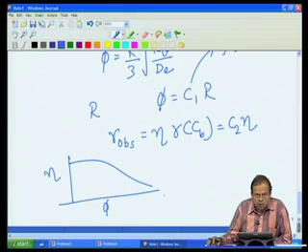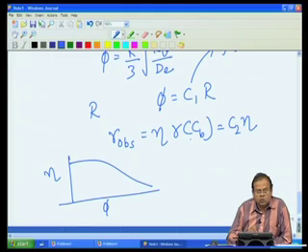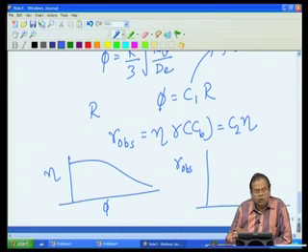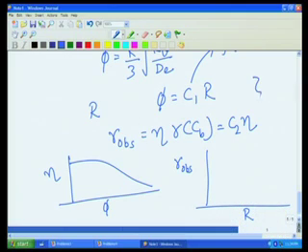Now, we know that eta versus phi plot is something like this for a first order reaction. We do not know phi, we do not know eta. So, we can't plot this, but what do we know? We know R observed. So, if I plot R observed versus, I do not know Thiele modulus, but I know the radius of the catalyst pellet. So, what do you think should happen? As these two relationships suggest, these two axes phi and R are related to each other through a constant C1.